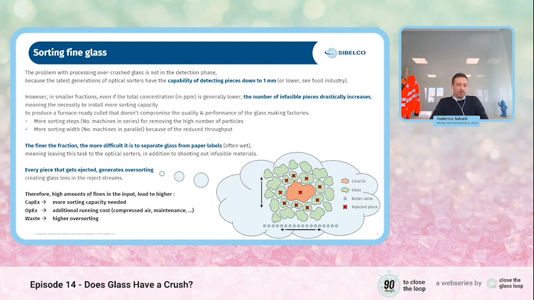And then it will be very hard to remove them by way of air cleaning. What does it mean? That we need to remove paper with the optical sorters. So we need to demand this task of the optical machines, which normally are only shooting out CSP.